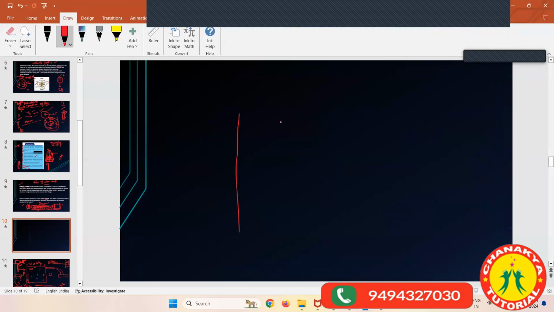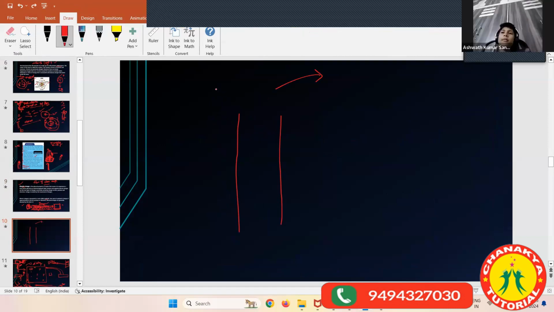For example, take this as some device, or the zoomed picture of some wire. You can say this is a metal, or some iron or metal conductor, or a magnet also. This has an electromagnetic field.